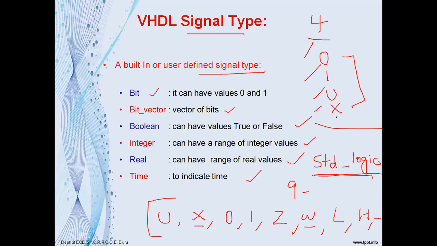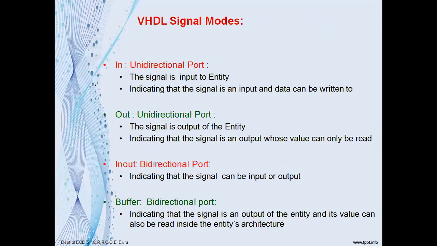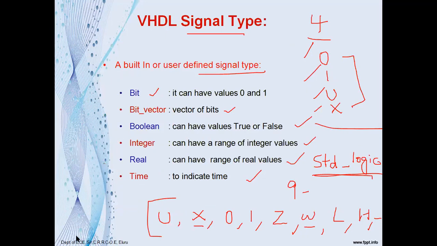Okay, so you understand. So in the syntax, the VHDL signal modes: in, out, in out and buffer. And the next one is the VHDL signal type. The signal type can be any one of these: bit, bit vector, boolean, integer, real and time.